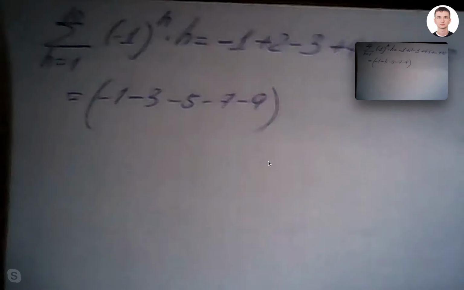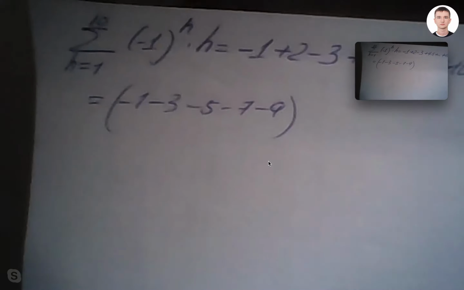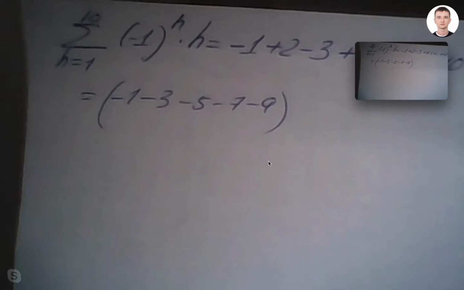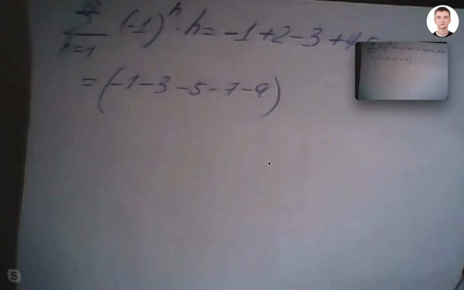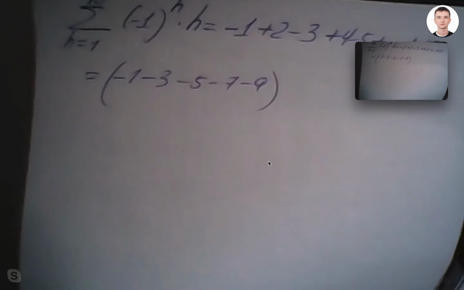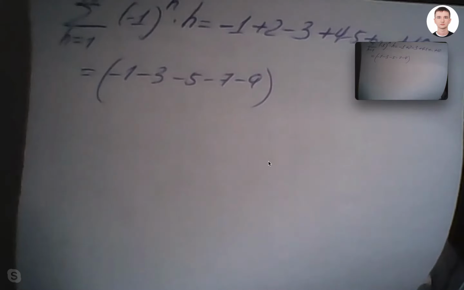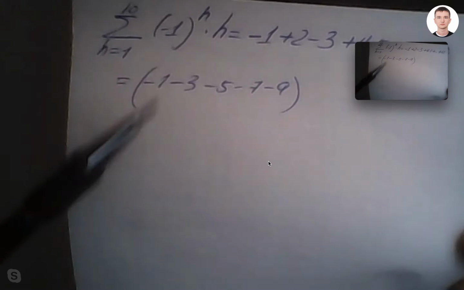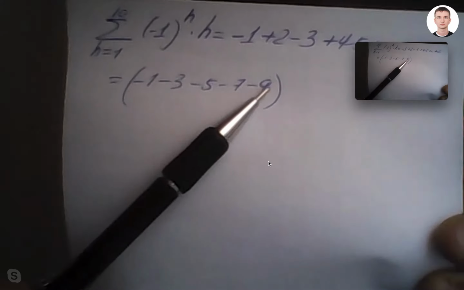And here we've got two sequences. -1, -3, -5, -7, -9. This is the first sequence. We have the first group as the sum of negative odd numbers, -1, -3, -5, -7, -9.